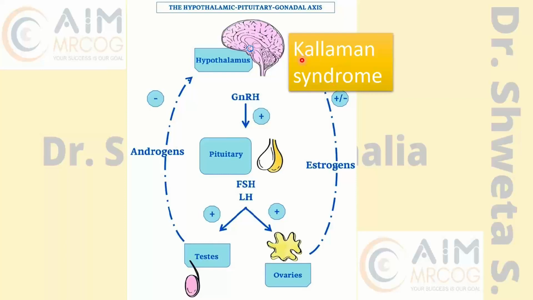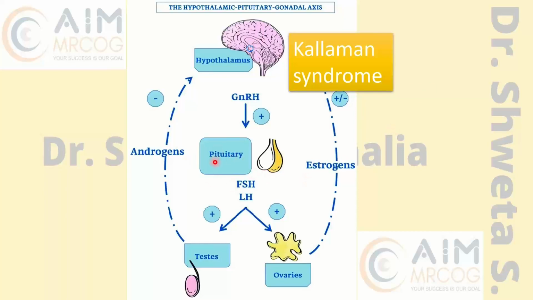So that is Kallmann, where there will be no GnRH, no FSH, LH, nothing. This is completely blocked. So you will find that there is no period. That is primary amenorrhea. But in hypothalamus, there could be secondary causes also, like trauma, tumor, anorexia nervosa, bulimia. All these things are going to affect the hypothalamus and lead to secondary amenorrhea.